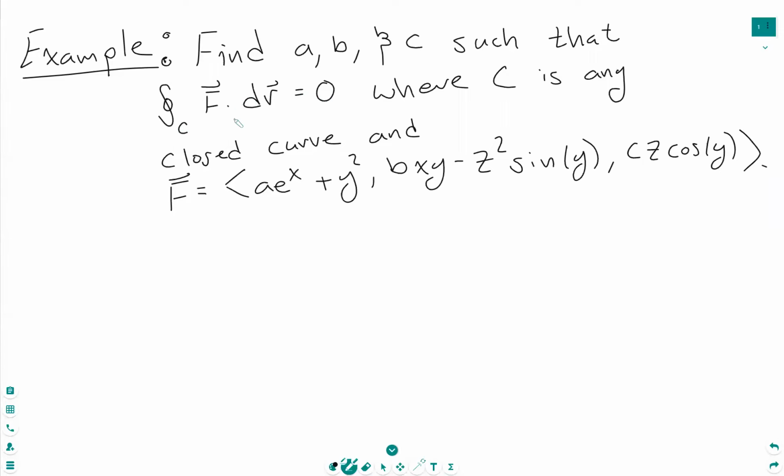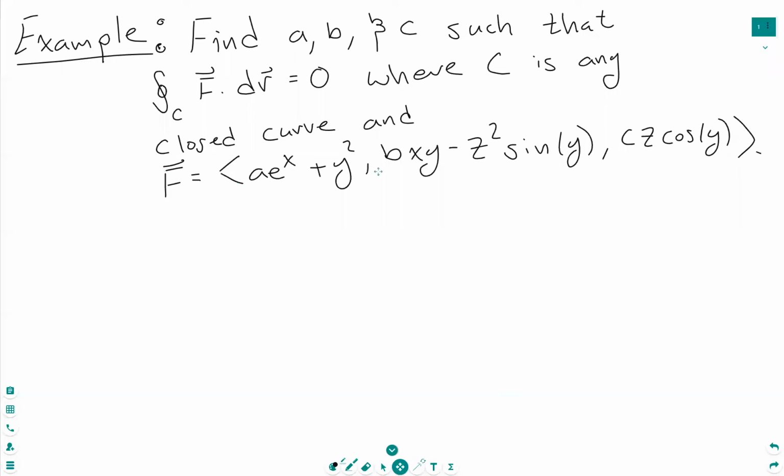So even though it's kind of hidden in here, this is asking, do you know this property? Do you know that you need to prove that F is conservative? Okay, so we need to find a, b, and c such that F is a conservative vector field. So we need F to be conservative.